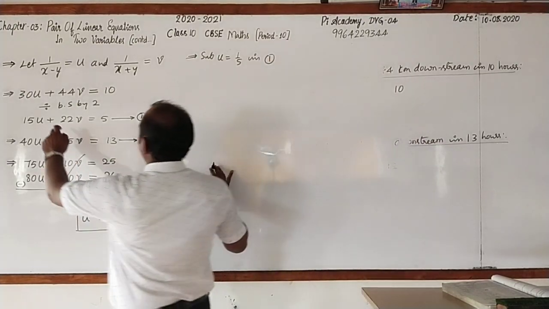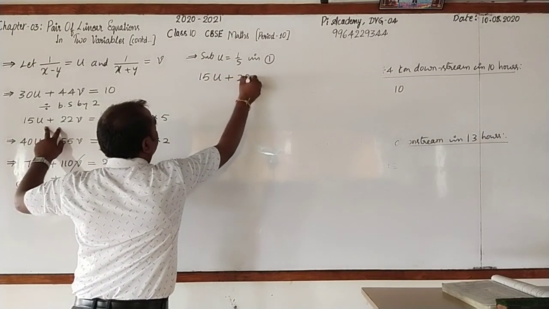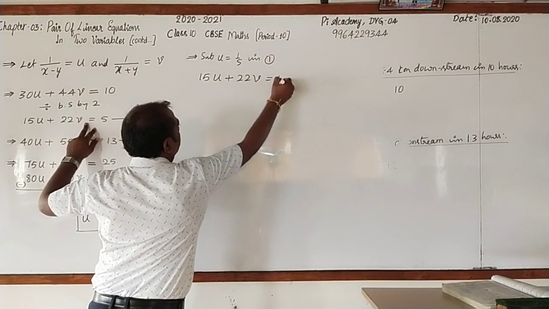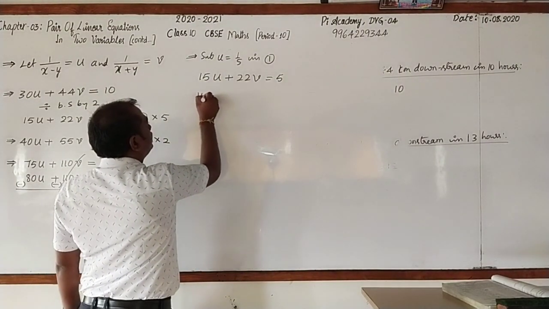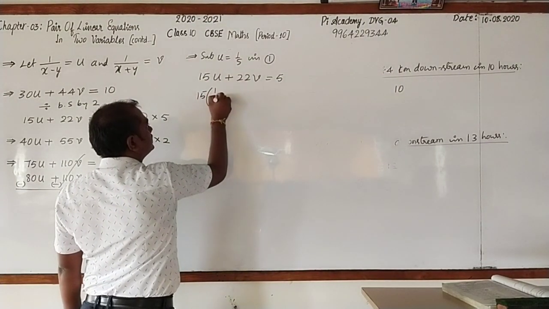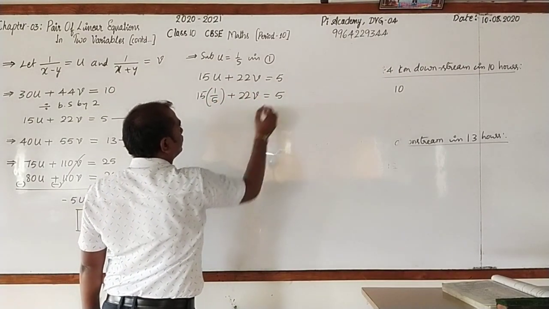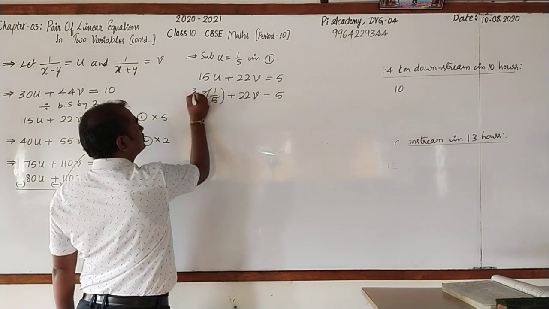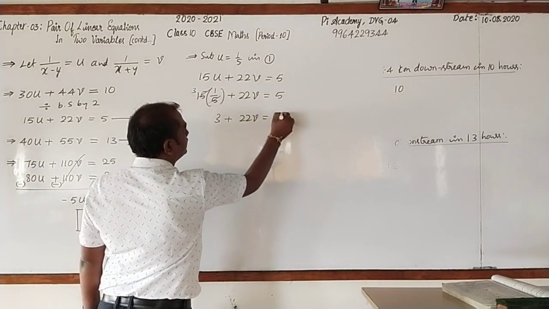What is the first equation? It is 15u plus 22v is equal to 5. Right? Yes. 15 into u, it is 1 by 5, plus 22v is equal to 5. 5 3s are 3, so 3 plus 22v is equal to 5.